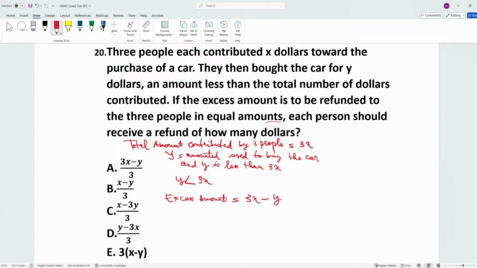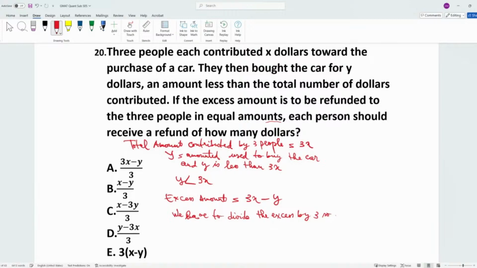Okay, so as you can see, the answer choices have to be in terms of X and Y. So in order to find that, we have to divide the excess by 3.